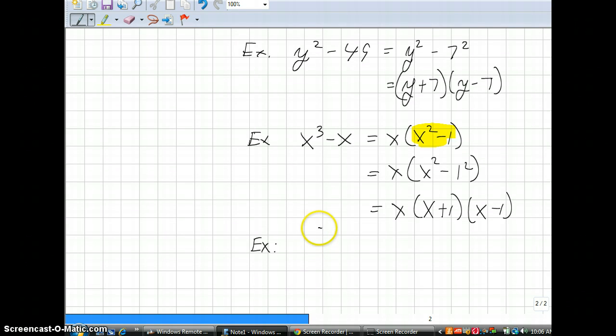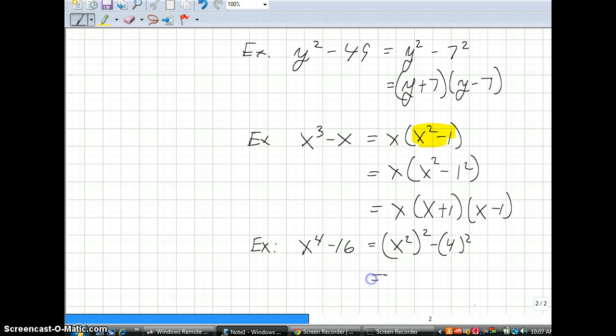And example 3. We have something like this: x to the 4th minus 16. So there's no common factor, so then there's two terms. So I ask myself, could that be written as a squared minus b squared? And yes, this could be written as (x squared) squared minus 4 squared.